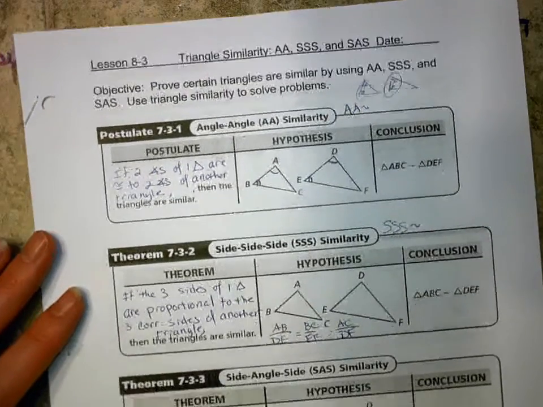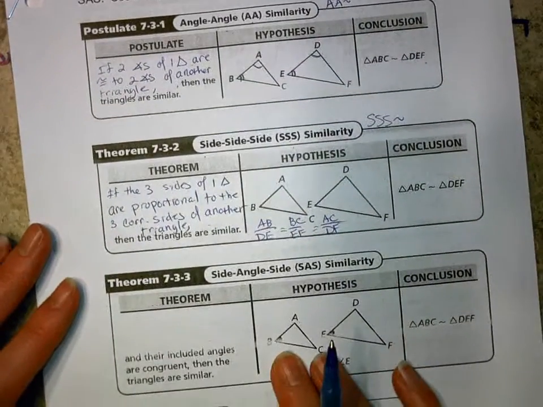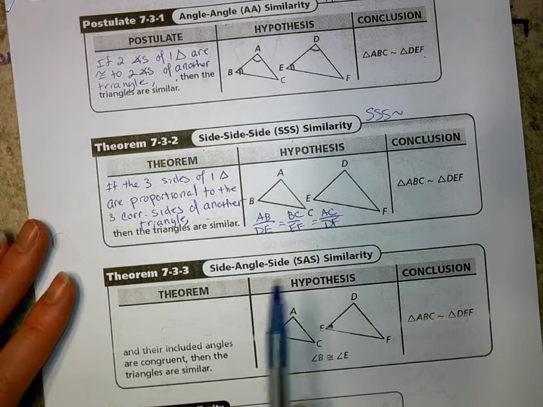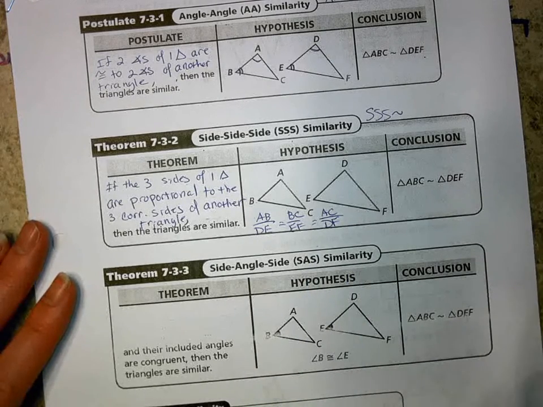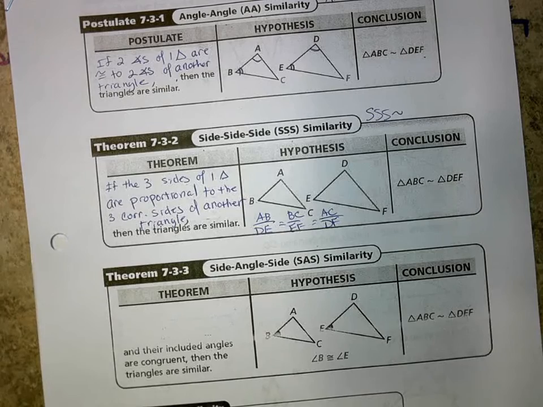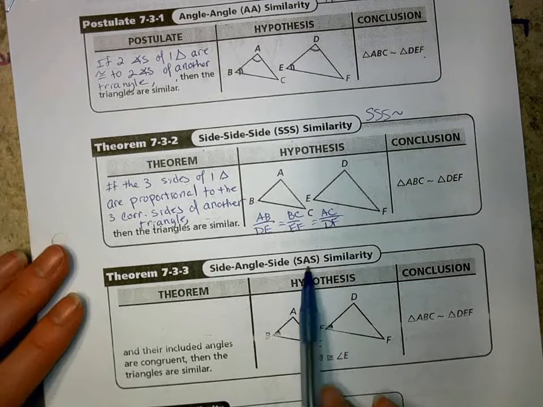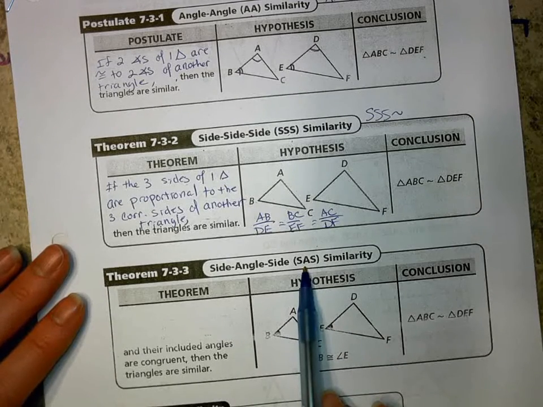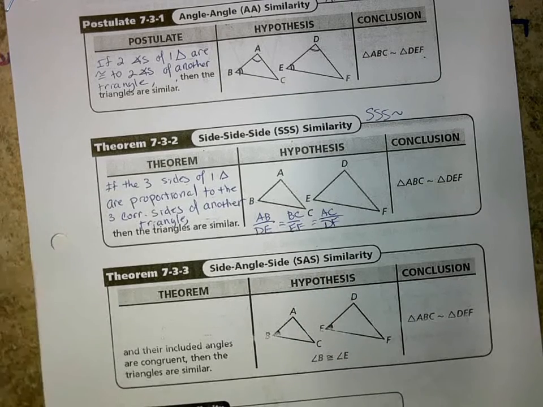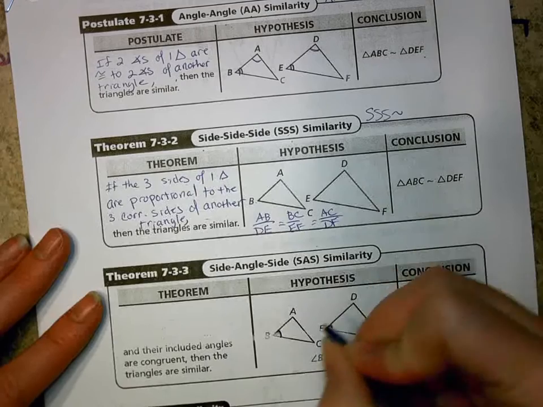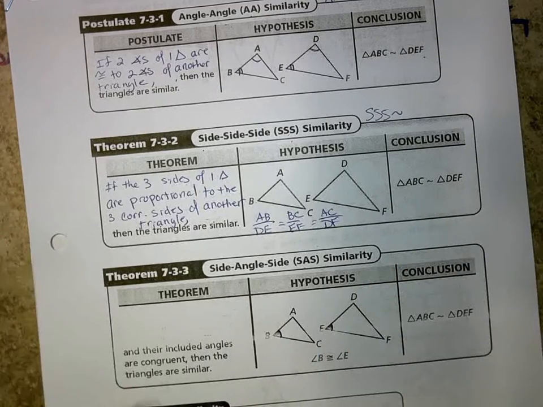And the next one I like because this is kind of familiar. This is called the side-angle-side similarity. Remember we had the SAS congruence, and where does the angle have to be located? Between the 2 sides. Well, that actually happens the same way now. The angles have to be congruent between proportional sides.